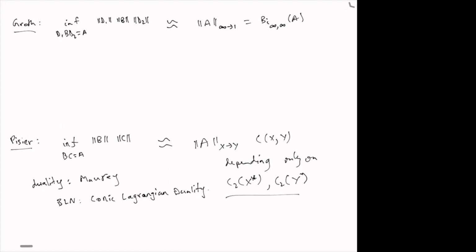Moray's argument is a separation argument taking place on R to the n. In the latter case, it's a separation argument taking place on R cross R to the n cross n. And inherent in this are algorithmic possibilities. That is, you can find such a factorization, under some necessary assumptions.